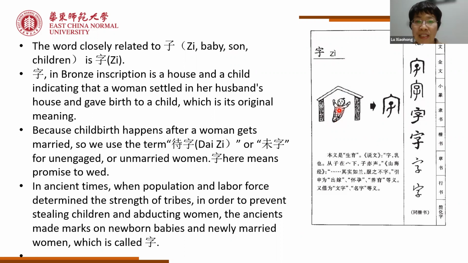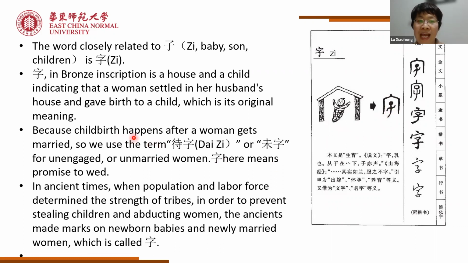That indicates that a woman settled in her husband's house and gave birth to a child, which is the original meaning of 字. Here you can see in oracle bone inscription, we have a house and then we have a baby. That means the mother gave birth to a baby, which is the original meaning of 字: to give birth to a baby.